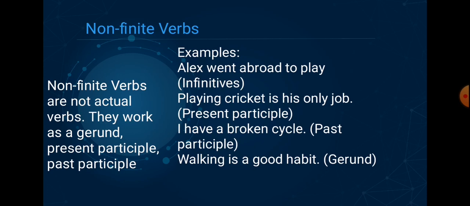Non-finite verbs are not actual verbs, which means they don't show any tense, any time. They are used as a noun, as an adjective, or as a verb in sentences. Non-finite verbs are the infinitive, gerund, present participle, and past participle.